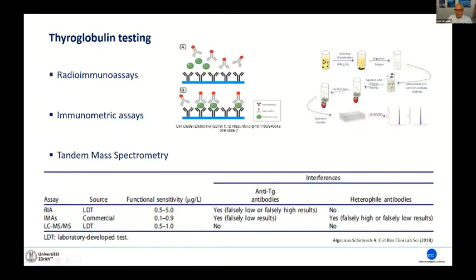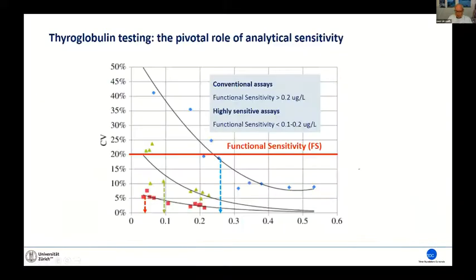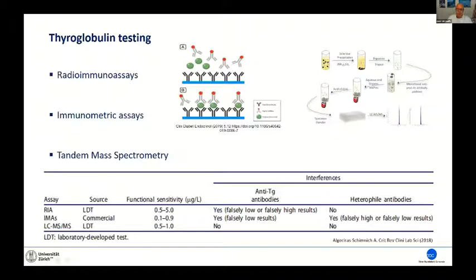In fact, you can see in the bottom part that RIA and immunometric assays can be interfered with by anti-thyroglobulin antibodies and or heterophile antibodies, and we will discuss these aspects later, while tandem mass spectrometry is not affected by these potential interfering substances.